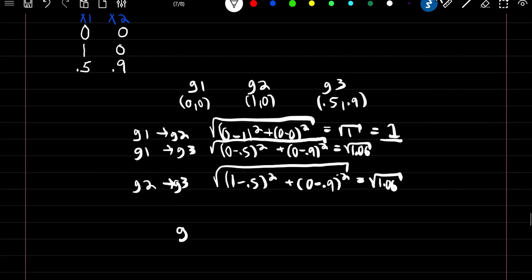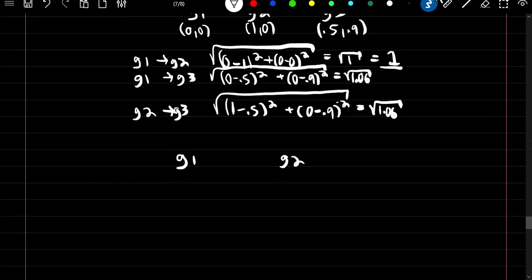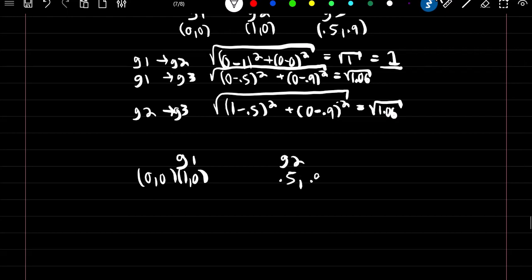So now we're going to have two groups. In group 1, we're going to have 0, 0, and 1, 0. In group 2, we're going to have 0.5 and 0.9. If we want to draw our first grouping on our dendrogram, it's going to be at height 1, and it's going to be between observations 1 and 2.